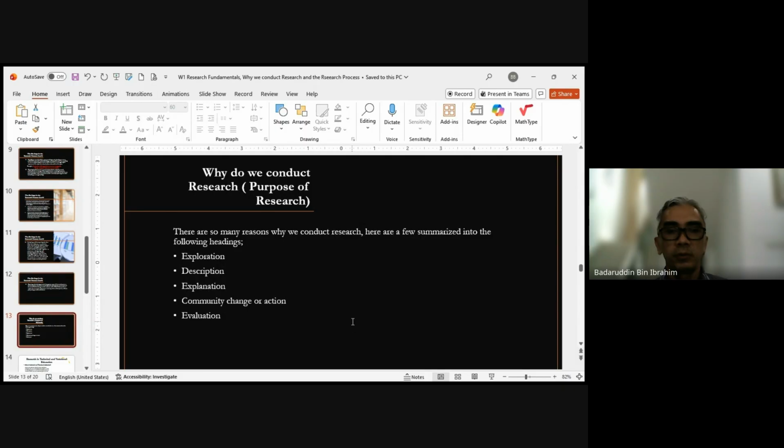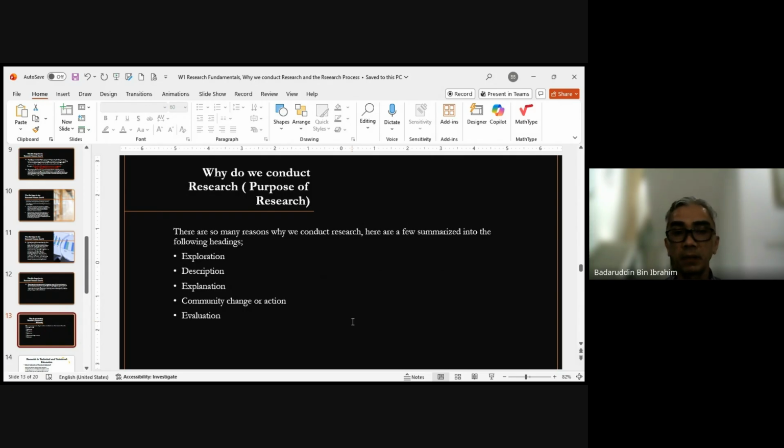All right. So this is the purpose of research. There are many reasons why we conduct research. Some is just to explore. Some might want just to make a description. Some might have to explain. So these are two different things, explore and explain.